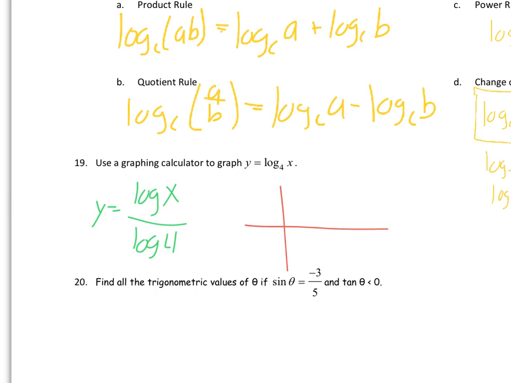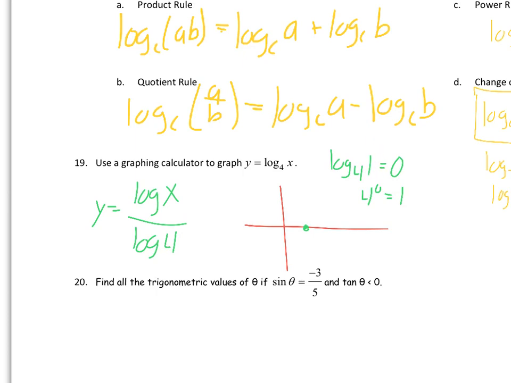We have the point (1, 0). Remember, log base anything of 1 is 0, like log base 4 of 1 equals 0, because 4 to the 0 equals 1. So anytime you have a 1 in your log, it equals 0.